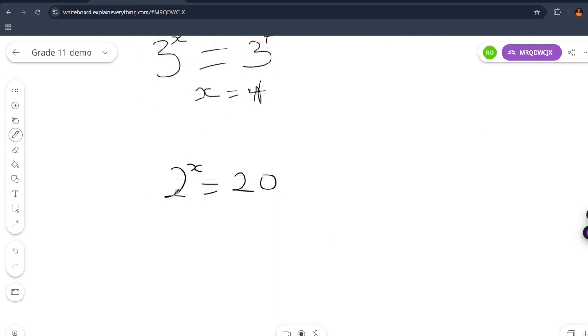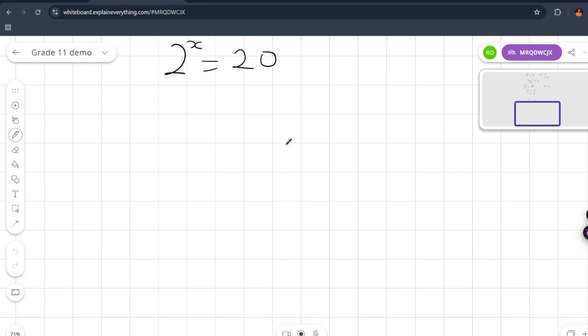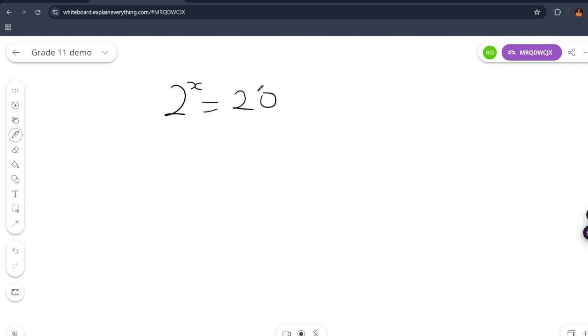But for 2 raised to the power x equals 20, 20 cannot be written as a power of 2. So that is when we have to use logarithm to solve it. We take the log of both sides, so that we have log of 2 raised to the power x equals log 20.